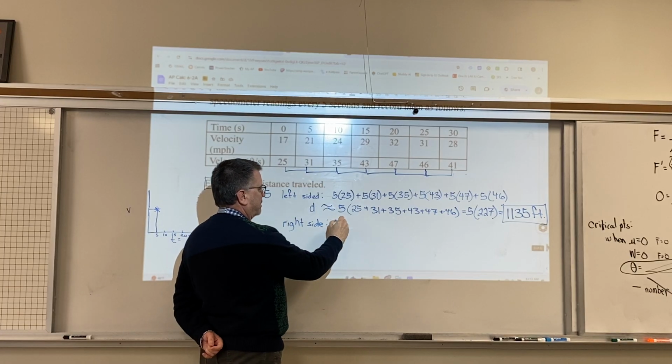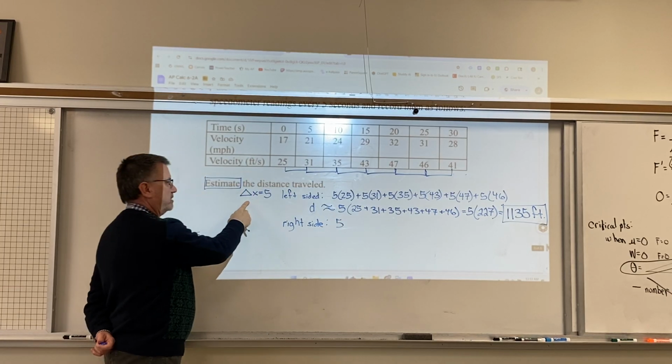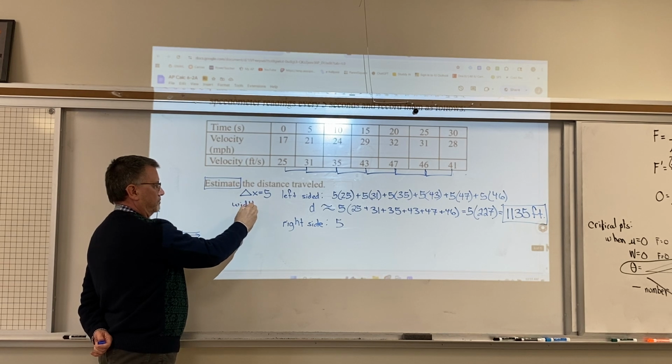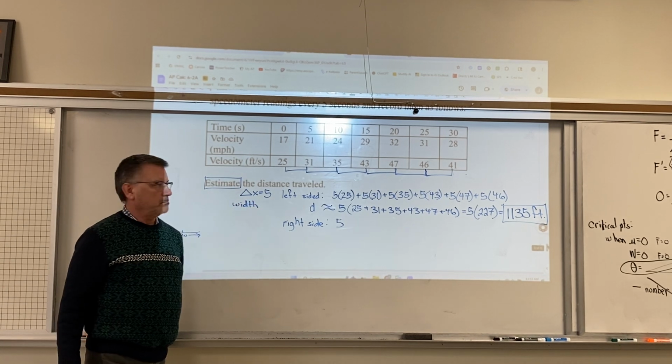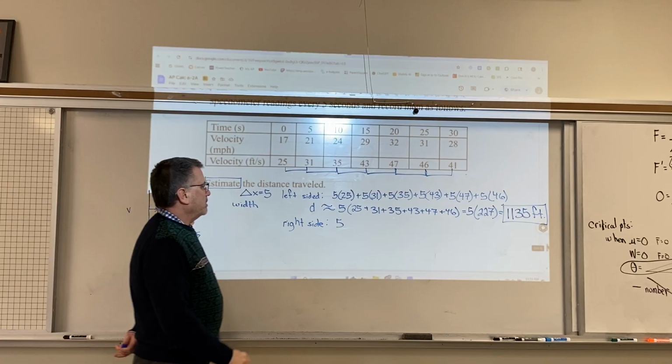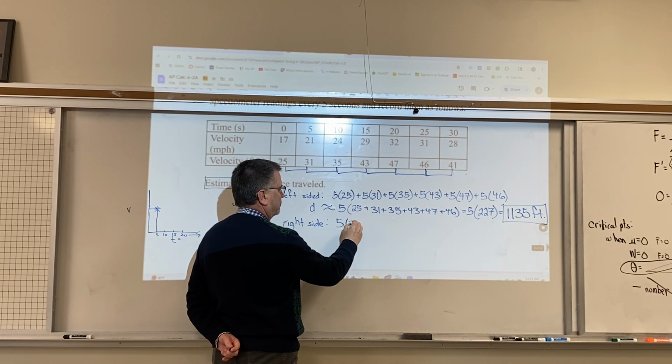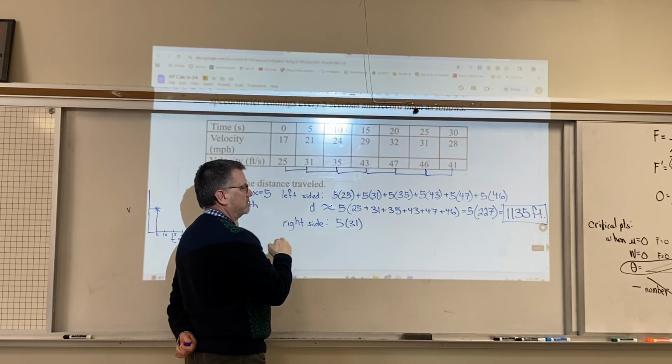Wouldn't that be 5? The width is not changing, right? That's not gonna change. So I would have 5 times, oh, but this side is gonna be 31 this time. I'm picking up the right side of the rectangle.